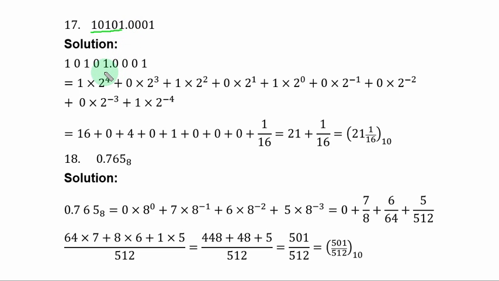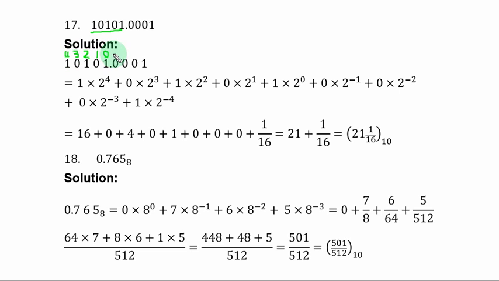This number is decimal, so to assign the position value, from the point to the left, you have positive. From the point to the right, you have negative. So before the point, you have 0 followed by 1, 2, 3, and the last digit position is 4.